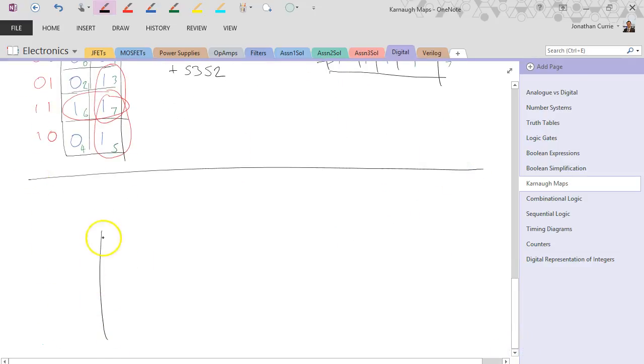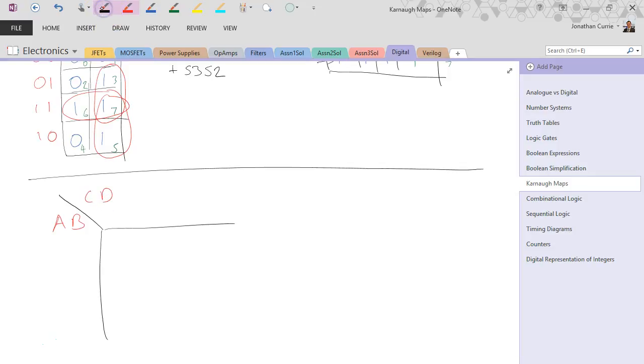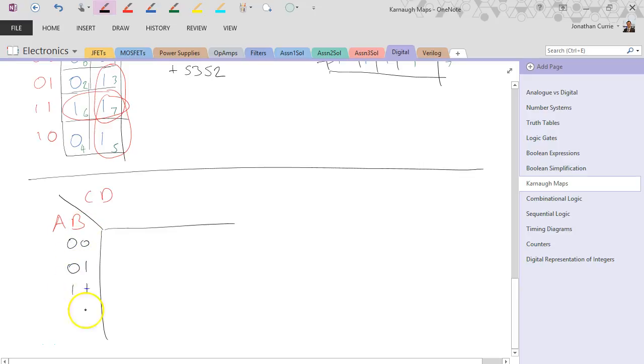Final thing I want to show you is a 4-input Karnaugh map. So in this case we might have 0, 0, 0, 1, 1, 1, and 0. Just remembering that it's not in binary.